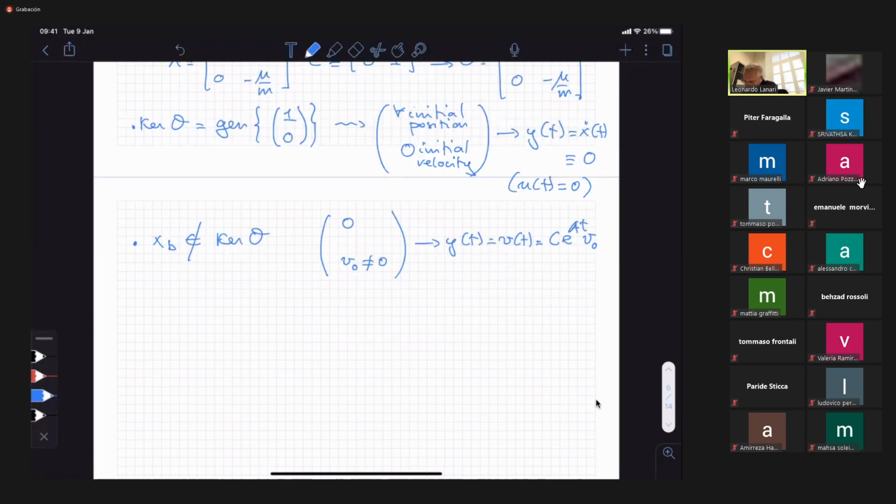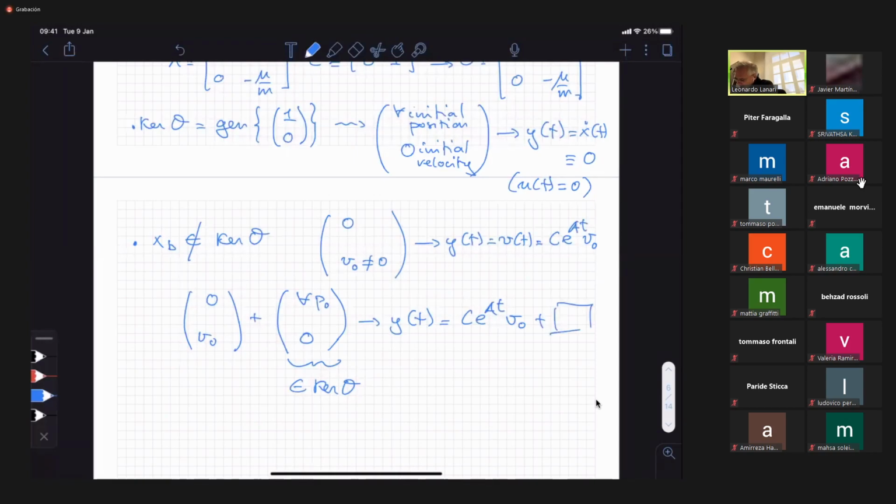But if I start from any initial position, this is belonging to the kernel of the observability matrix, then the resulting output, the velocity in this example, is going to be, again, c e to the at v0, since all the second term will give a 0 contribution.